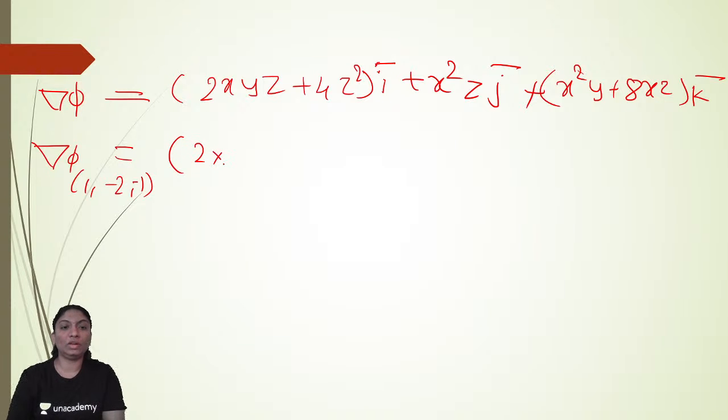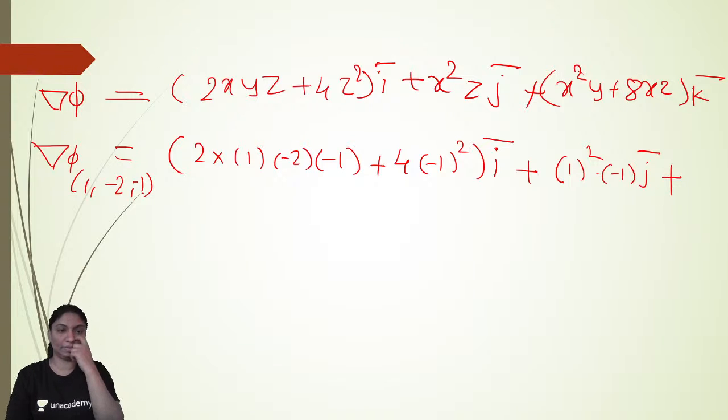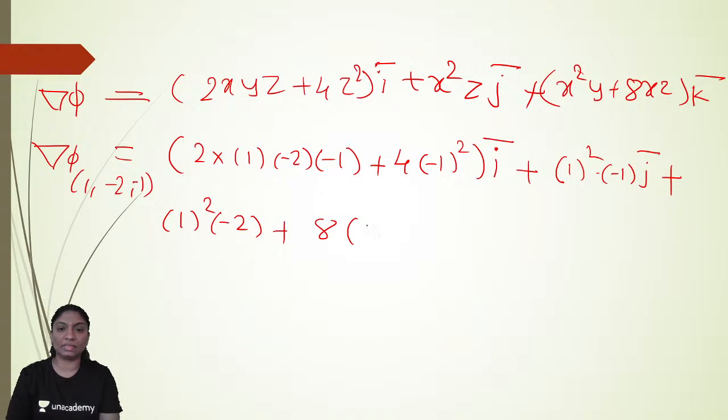So 2 into 1 into minus 1 plus 4 into minus 1 square i bar, plus 1 square into minus 2 j bar, plus 8 into x is 1 into z, that is minus 1, k bar.